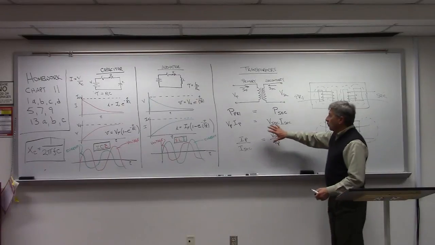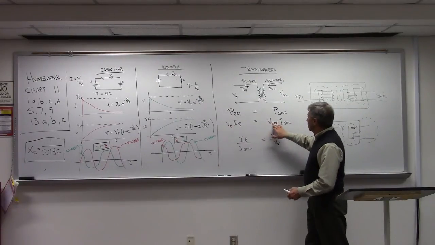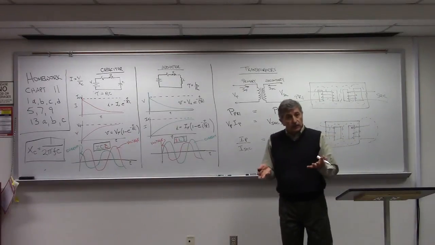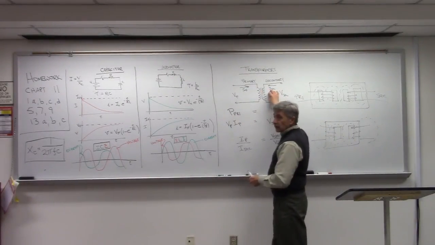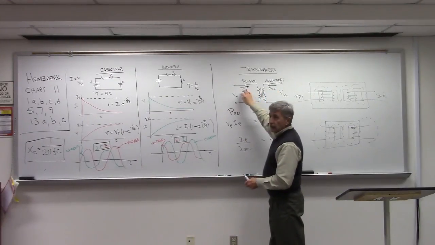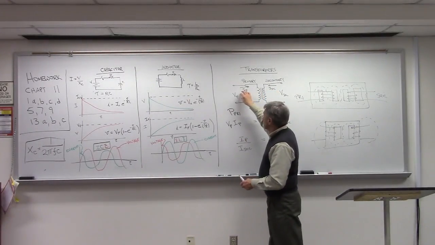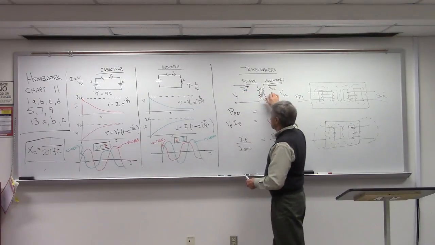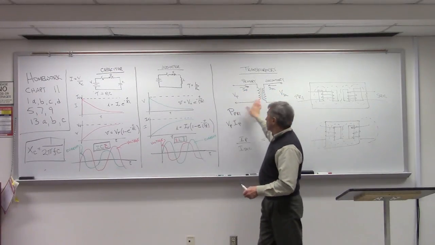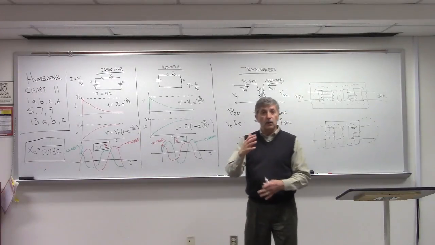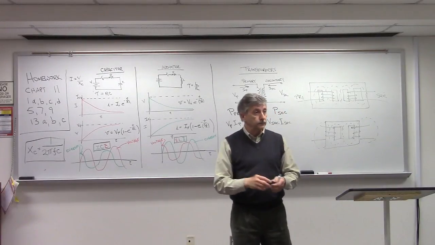So as this one is increasing, the current is decreasing. If I start out with 10 volts here and I end up with 100 volts here, I might end up having 100 amps here and 10 amps here. It's the same ratio. As one goes up, the other one goes down.